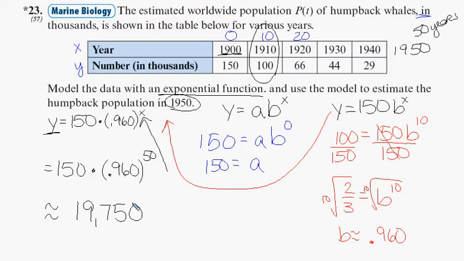You can take a look at that, and if you didn't do any rounding, you probably got a little closer. Although they're saying round it, it looks like they want us to take it to the nearest 100.